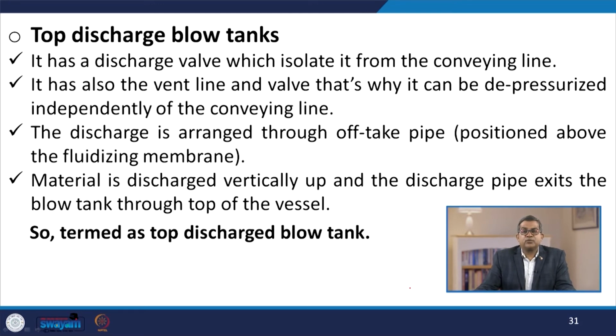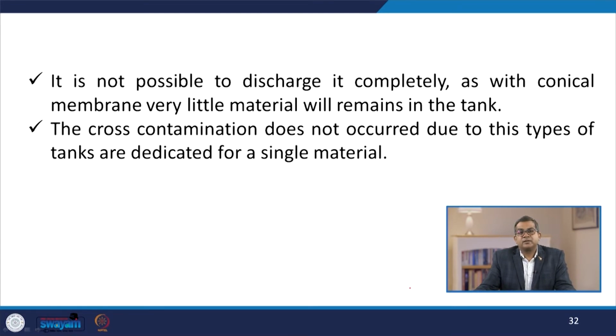Material is discharged vertically up, and the discharge pipe exits the blow tank through the top of the vessel, therefore it is termed a top discharge blow tank. It is not possible to discharge it completely, as with the conical membrane very little material will remain in the tank. Cross contamination does not occur with this type of tank, as they are dedicated to a single material.